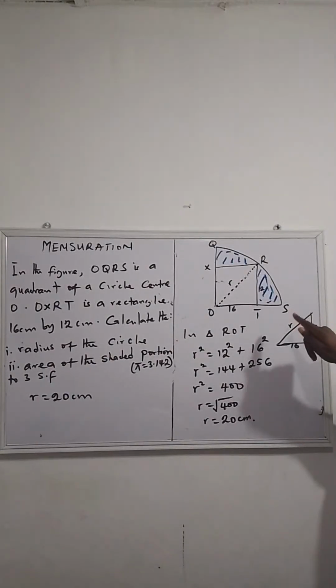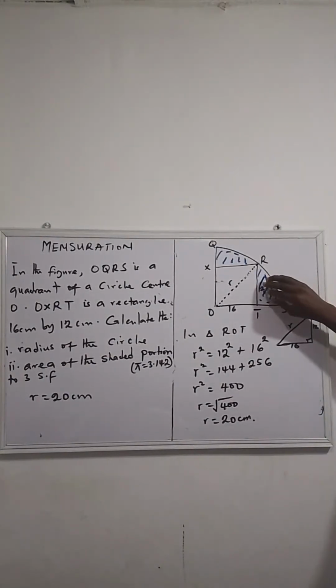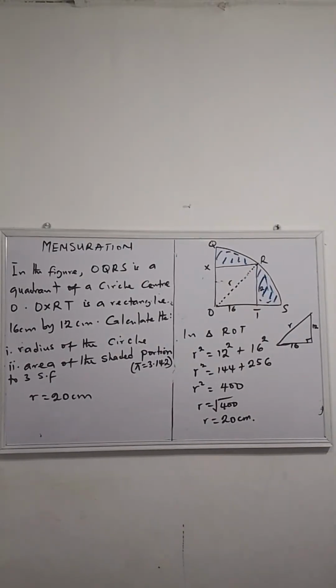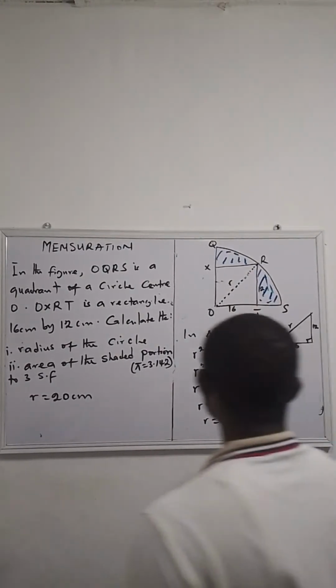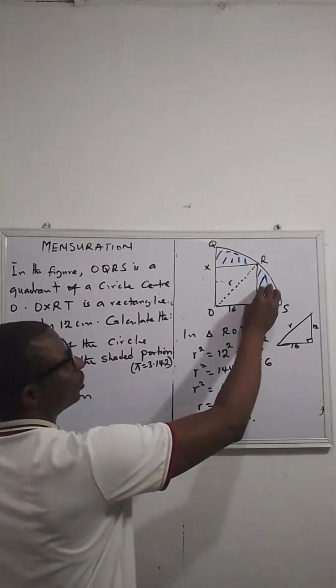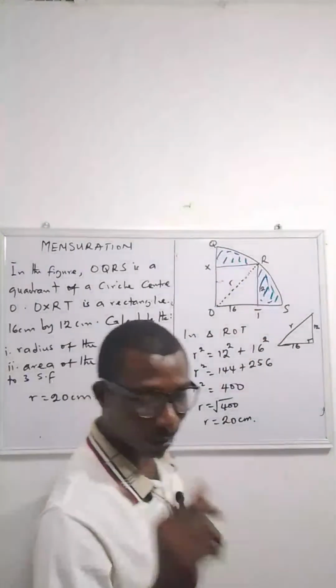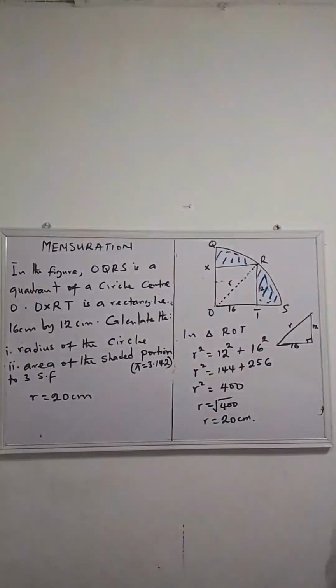So what are you going to do to get the shaded region? This area and this area. You don't need to work it out. We are going to work it together. We'll get the answer together. So if you know, drop it in the comment section. Look at the diagram carefully and think on what to do to get the shaded region. It's very easy. So anybody?